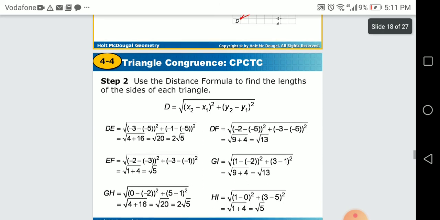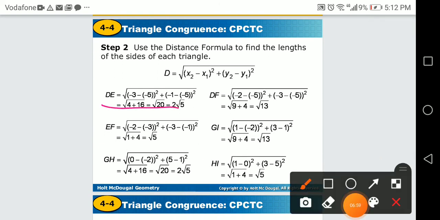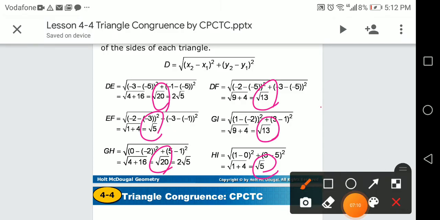And the same for DF and all the segments of the first triangle. Then I do the same idea for the second triangle. Then we notice that we have equal, or congruent, segments: the square root of 13, the square root of 5, the square root of 20, and again the square root of 13, the square root of 5, the square root of 20.